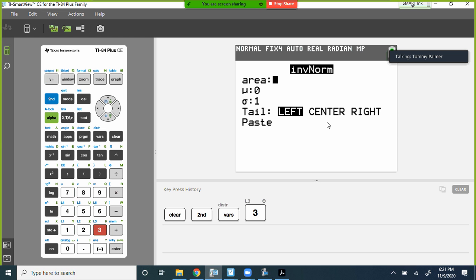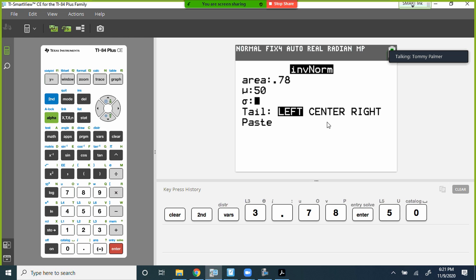No, it doesn't have to show the tail. It's an updated emulator type software. So we're going to put 0.78, right? The mean is what? 50. And the standard deviation is what? 7. All right.